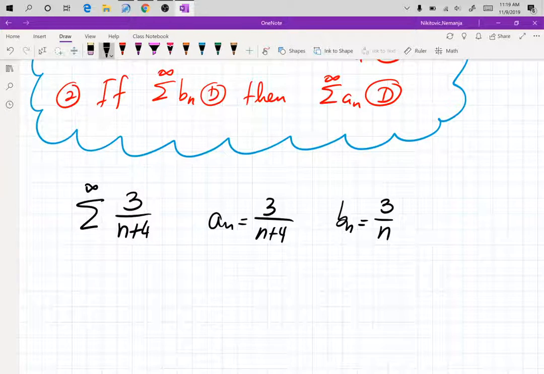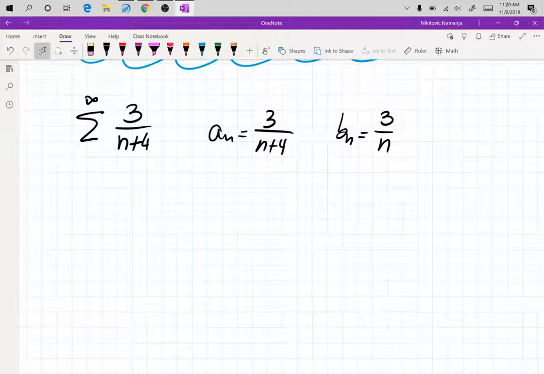Last time I had to go and fix the problem and put the minus so that the inequality works. So direct comparison works only if you have a minus, but limit works for both. It works for the minus and it works for the plus, which is why limit is used more often than direct comparison.